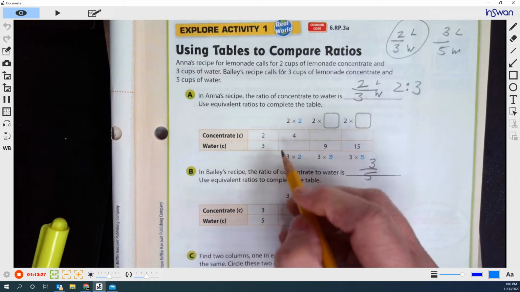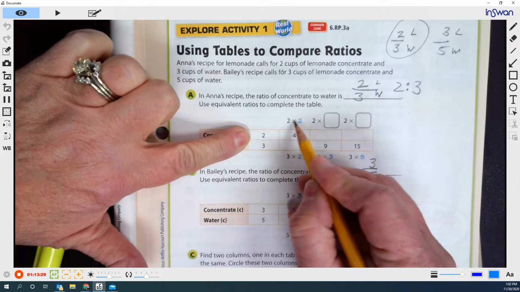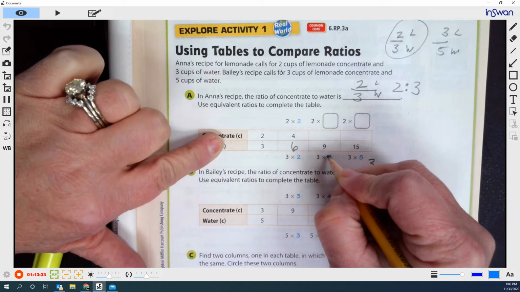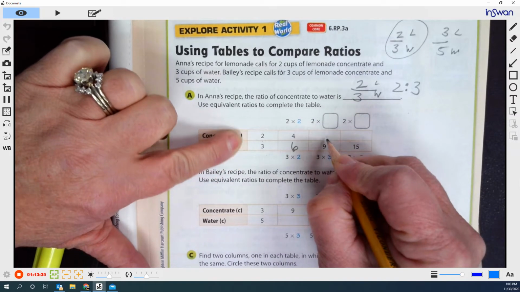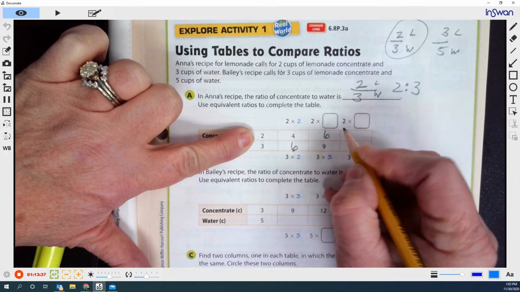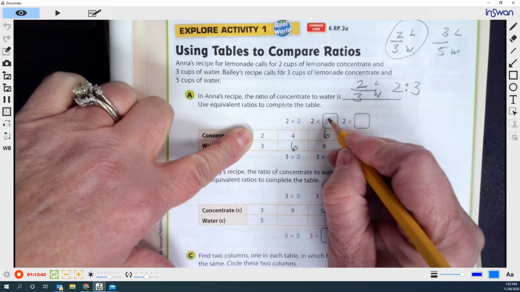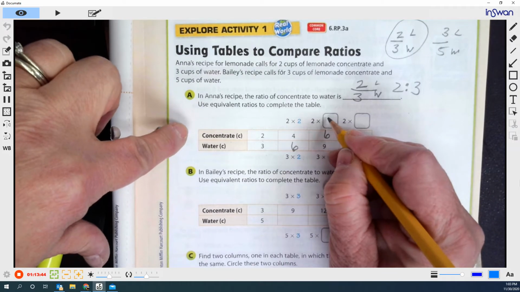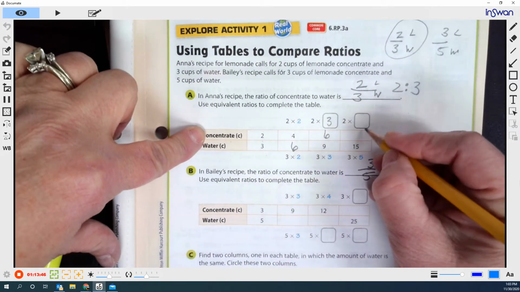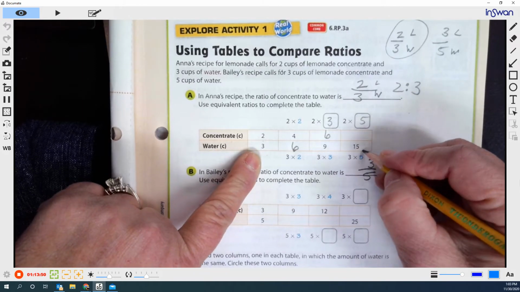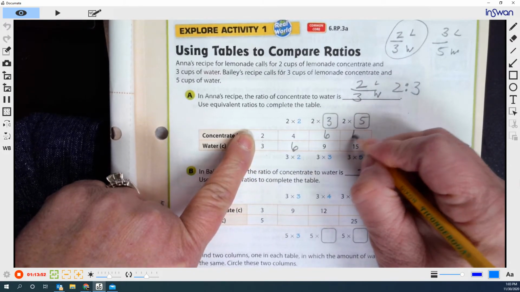On the top, here we have 2 times 2 is 4, 3 times 2 is 6. 2 times 3, 3 times 3 is 9. And this is going to be 2 times 5, 3 times 5 is 15. So 2 times 5 is 10.